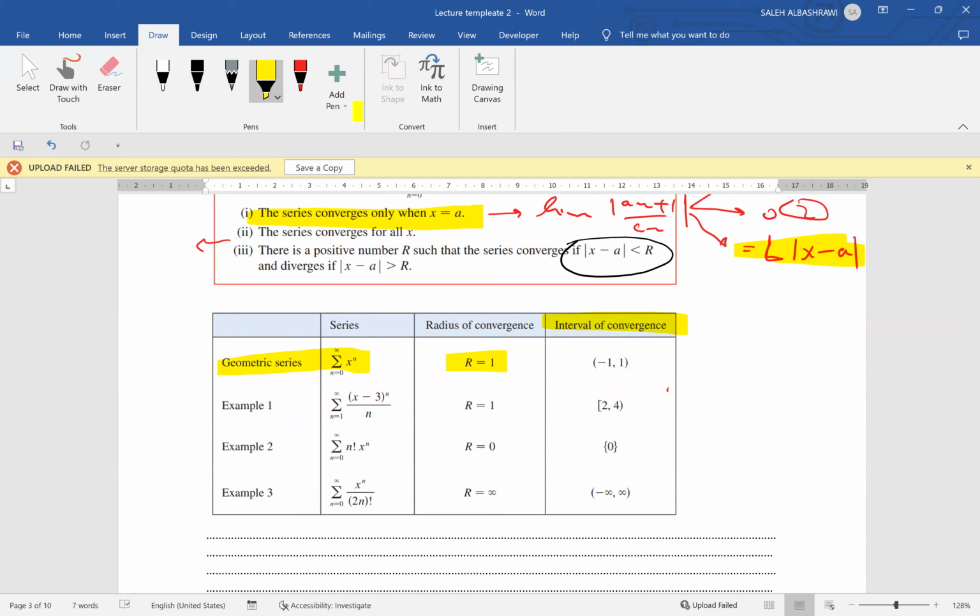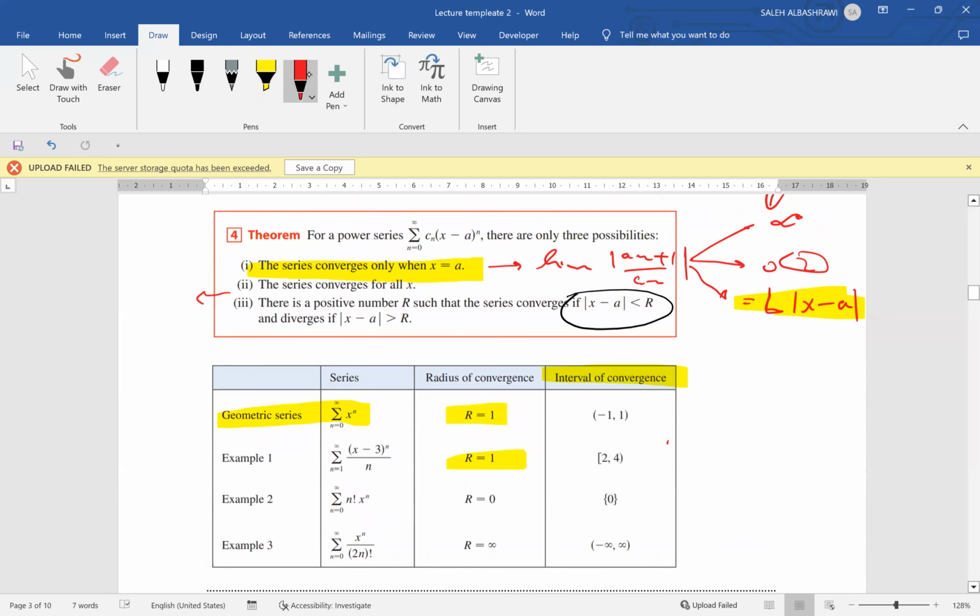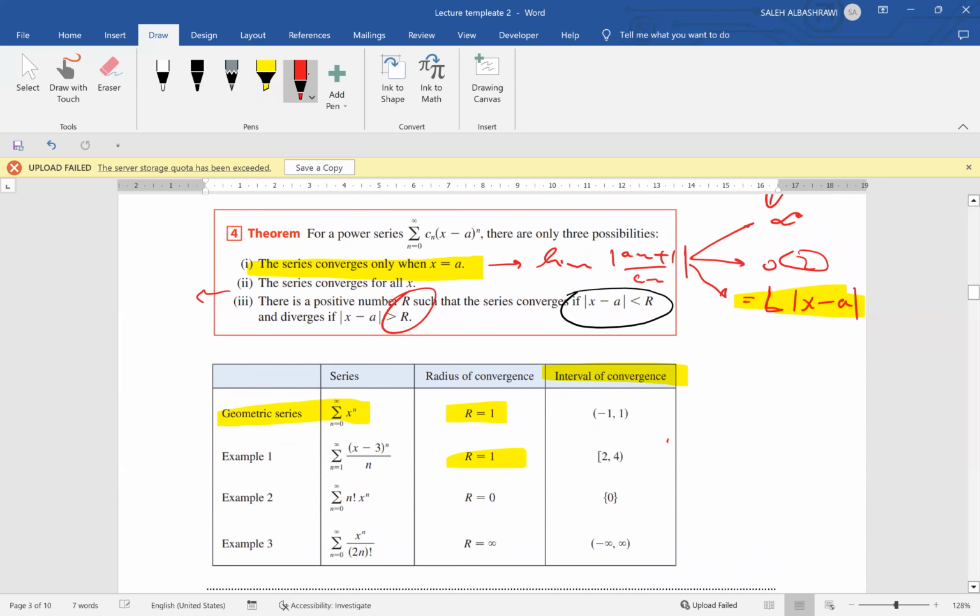Here r is equal to 1, and we call r the radius of convergence. The interval of convergence will be between 2 and 4, where 2 is included. We can say it is a half-closed interval.